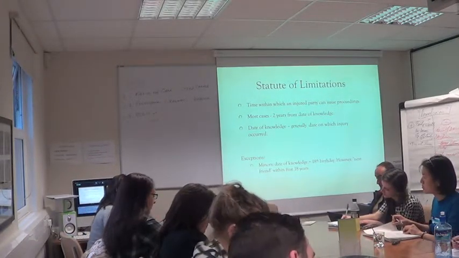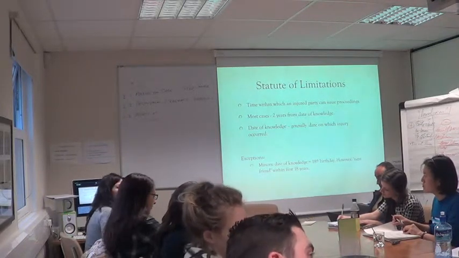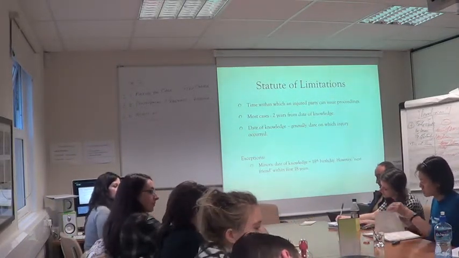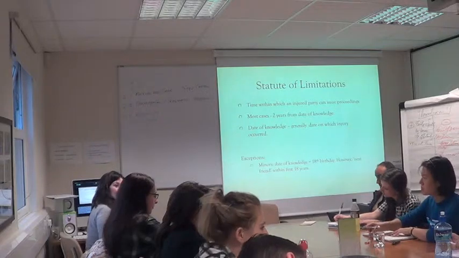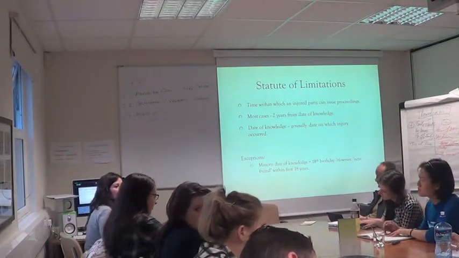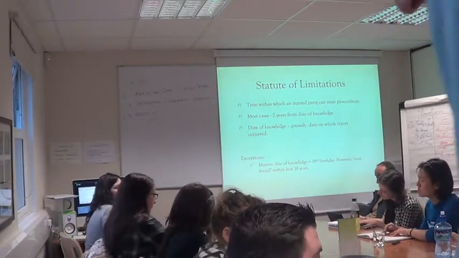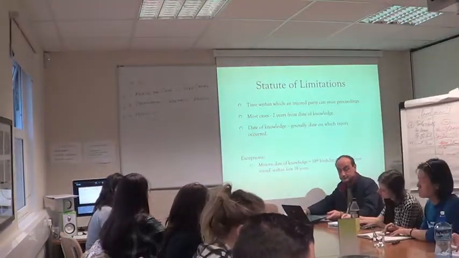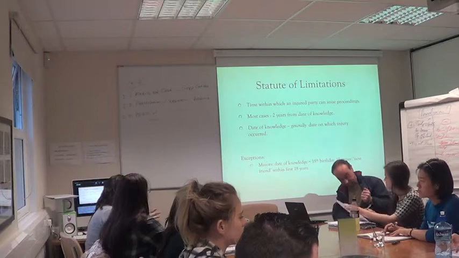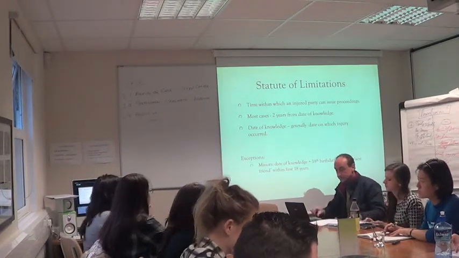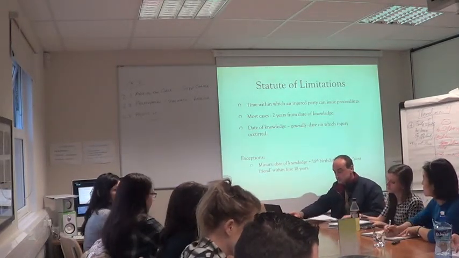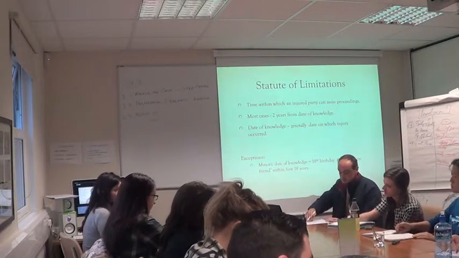If somebody has an operation in January and it was carried out negligently, and say the doctor left a needle or a pair of scissors in the patient, they may not realise until 3 or 6 months later that there's actually been an injury. So the time starts to run on the date of knowledge.